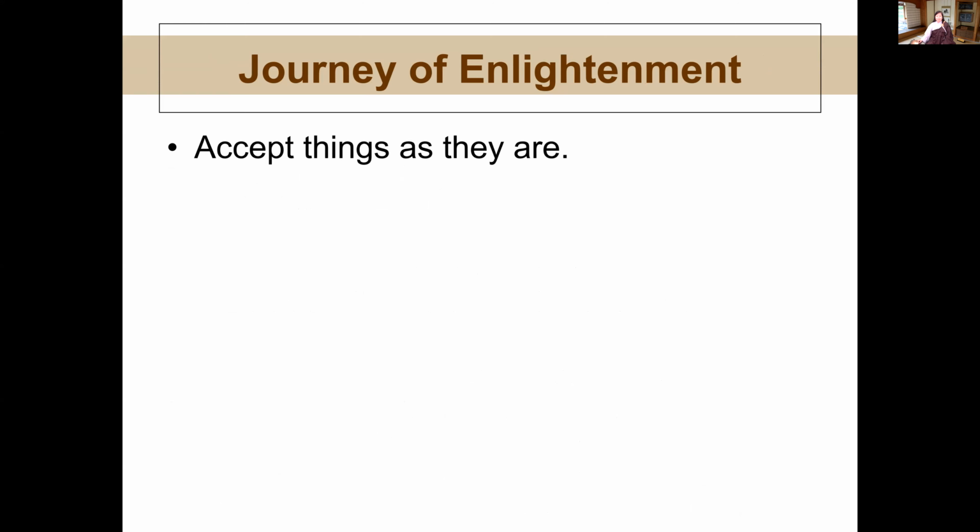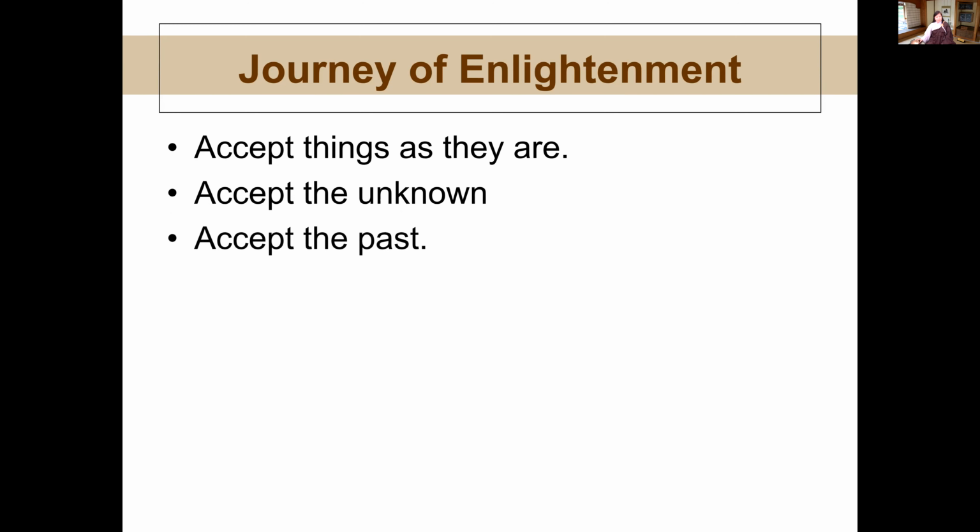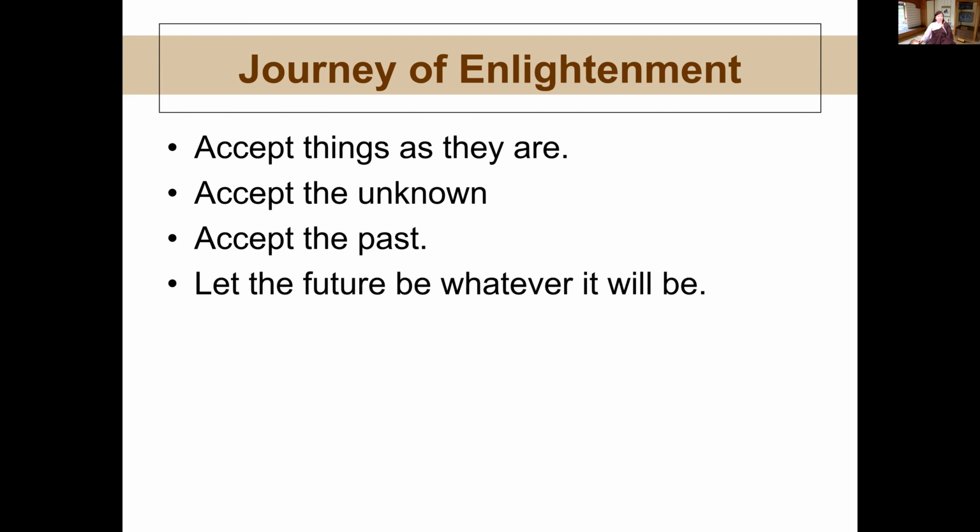So the journey into enlightenment is pretty simple. We learn to accept things as they are. We learn to accept the unknown and be comfortable with it. We learn to accept the past because it's gone. It only has a trace left in our brain, like a movie, a memory. We learn to let the future be whatever it will be, because the future that we think about is basically a projection, our best guess of what could happen. And for a lot of us, there's a lot of time catastrophizing, the worst thing that could happen, worrying about this and that.